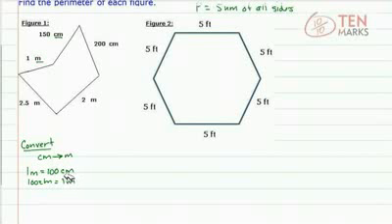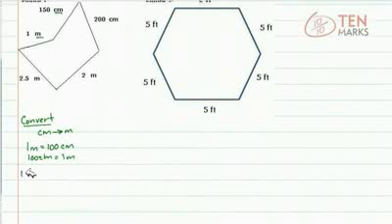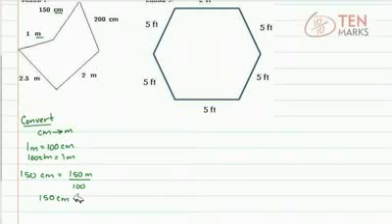So to convert 150 centimeters, we divide 150 by 100, so 150 centimeters equals 1.5 meters.